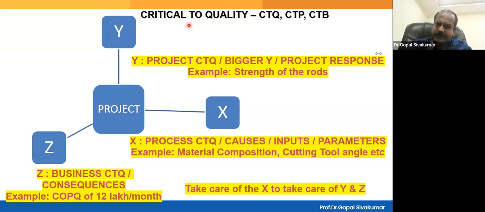We can apply it in our daily life also. If we can apply something in our daily life, why not in our business? We should know the definition of a defect. We should have clarity on the process. We should also have clarity on the process output, which is Y, and the process inputs, which are X. And similarly, the business results, which are Z.